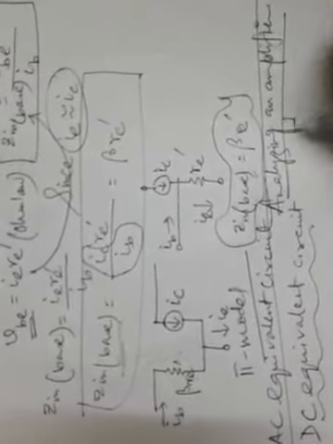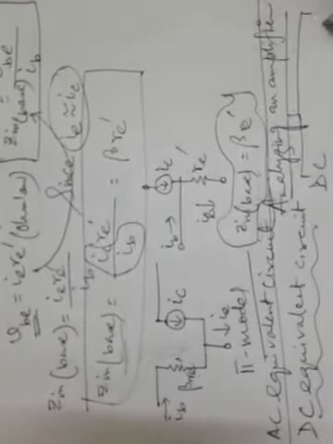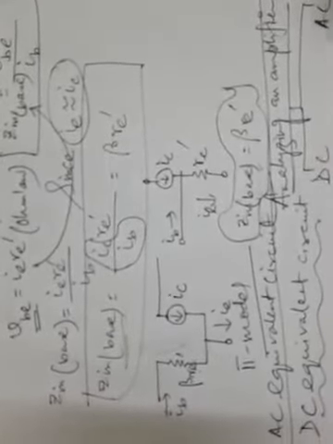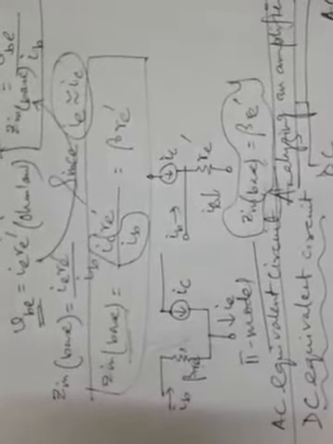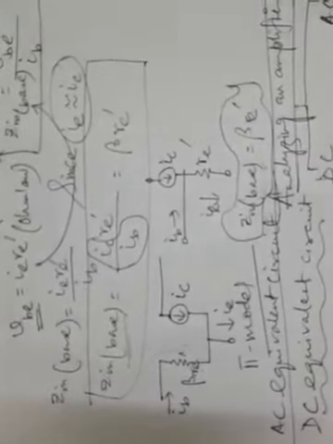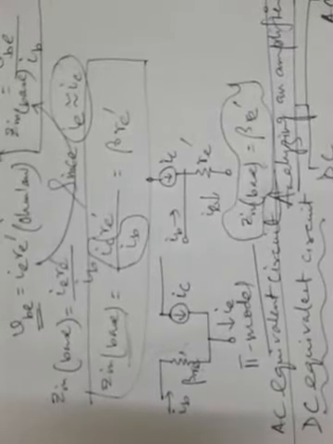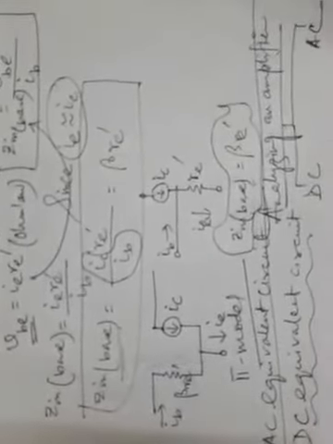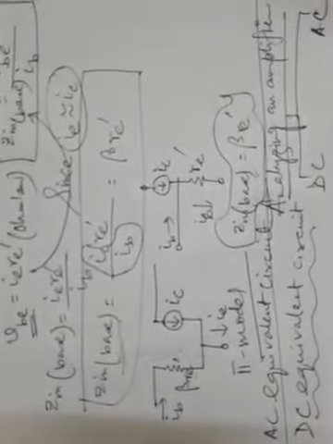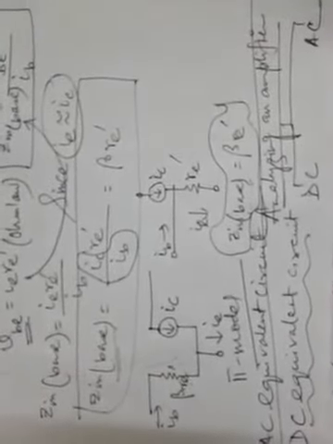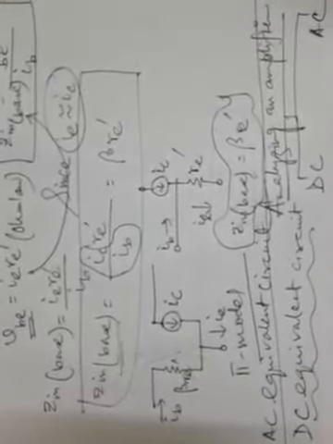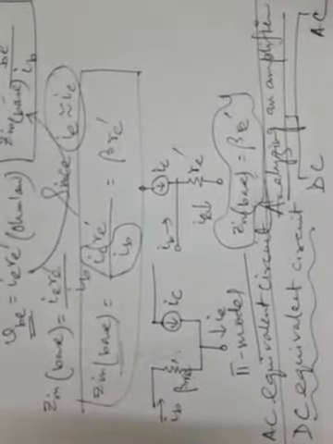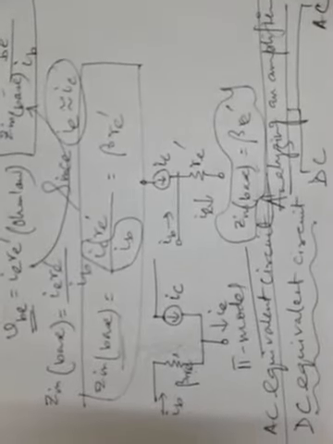So analysis of any transistor amplifier is divided into two parts. One is DC, another is AC analysis. And for DC analysis you need a DC equivalent circuit. So I am just discussing very fundamentally the analysis of a transistor amplifier in the light of its DC and AC equivalent circuit, because the analysis has two parts.